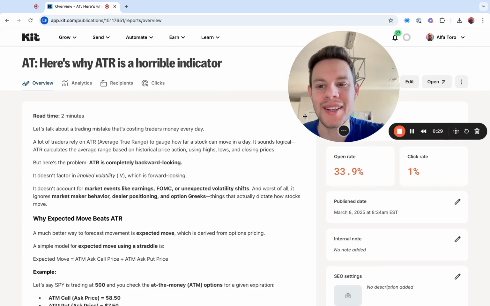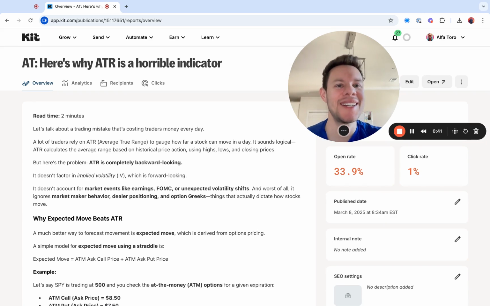Once you start using forward-looking metrics, looking at any lagging indicator is not the same. It's like once you go Apple, you'll never want to go back to Windows. So I want to talk about ATR and why it's a horrible indicator, and what is a better alternative in my opinion.